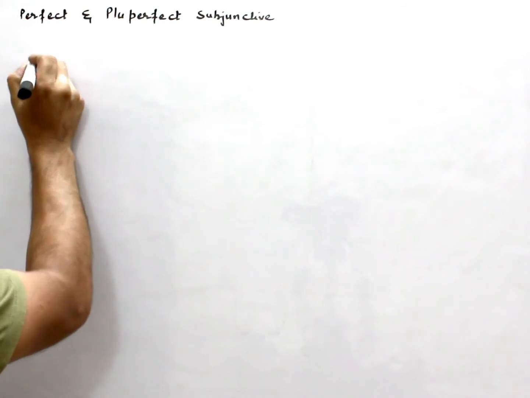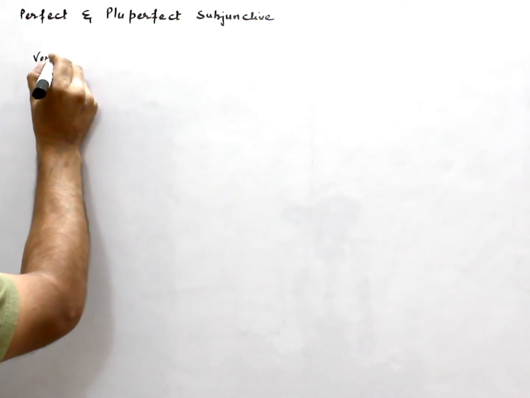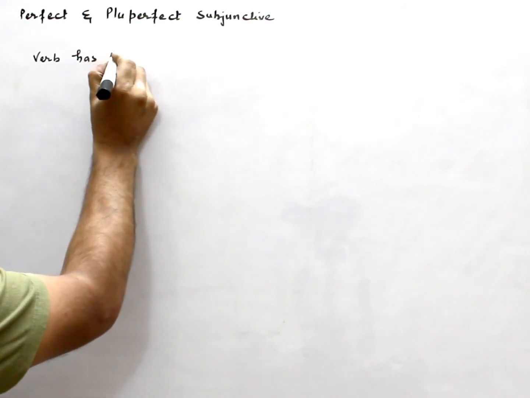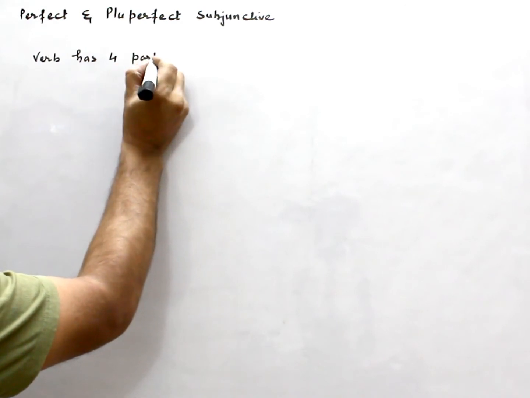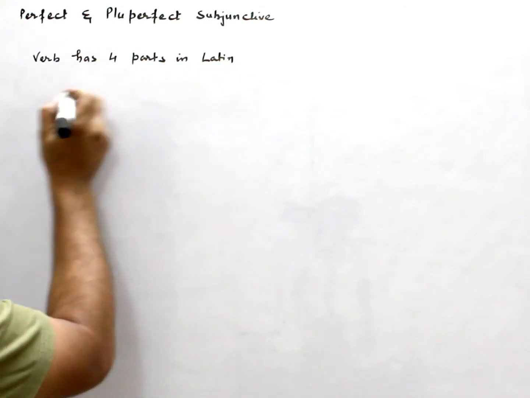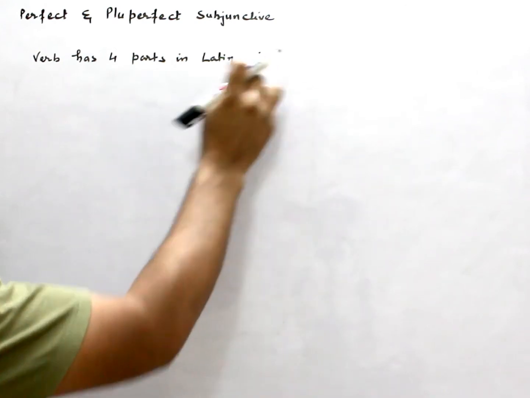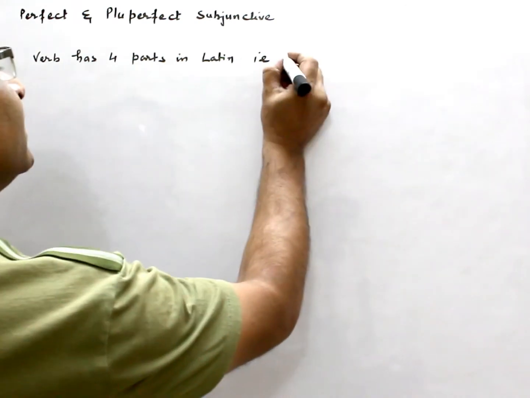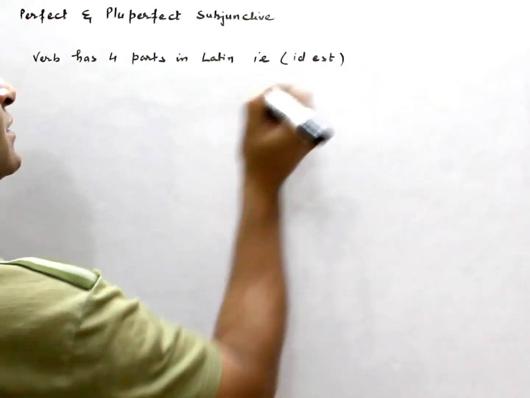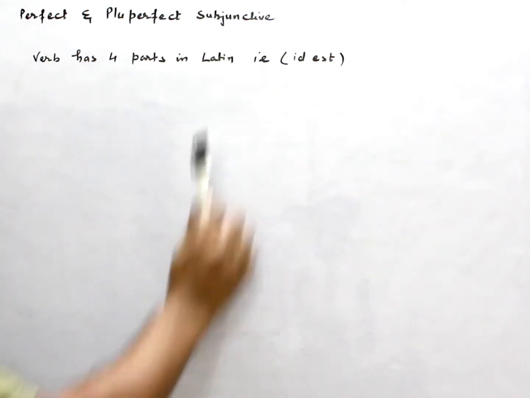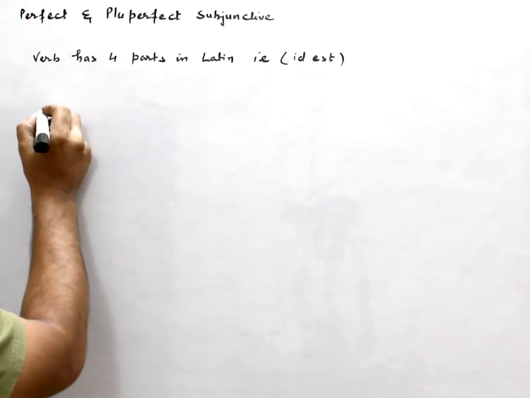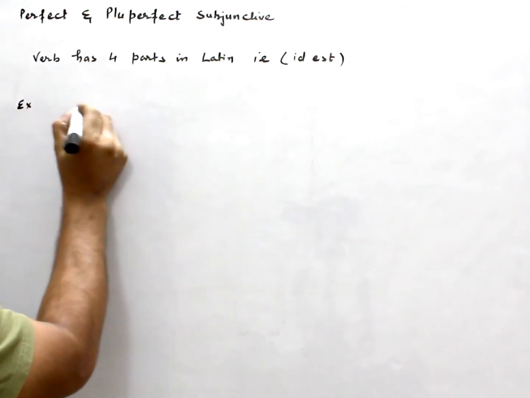For example, the verb has four parts in Latin. So, for example, we take an example.